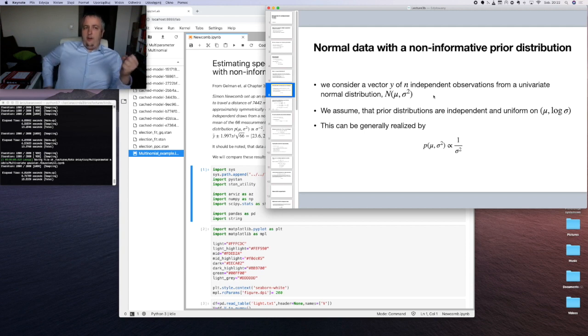What we have here is a standard non-informative prior that can be derived from Jeffreys prior, so-called Jeffreys prior, which is a historically very important result of times when we didn't want to use any information in priors if it wasn't absolutely necessary.